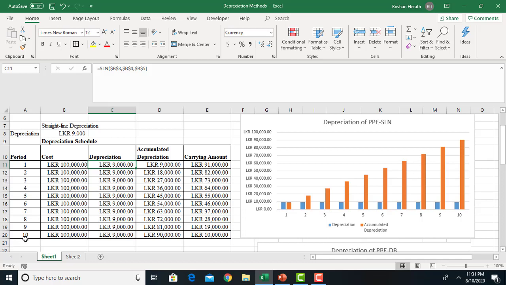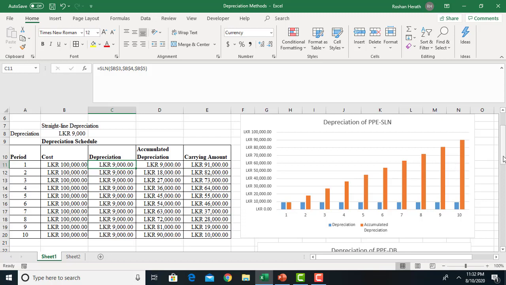Then consequently, you may recognize the 11th year and take the time apportioning there as well, and then you may simply complete that. So time apportioning under the straight line method is not a significant thing. That would have been the reason why the time apportioning was not introduced to the SLN function.